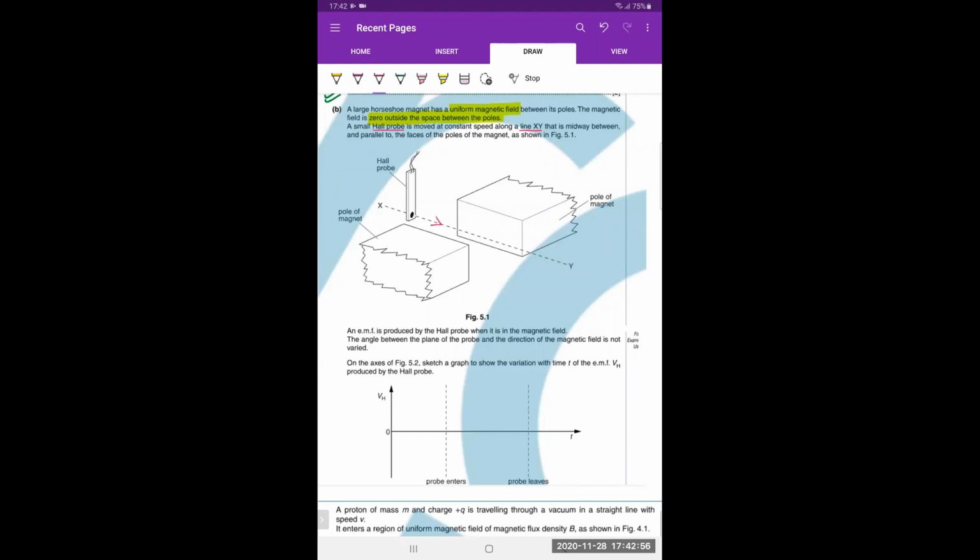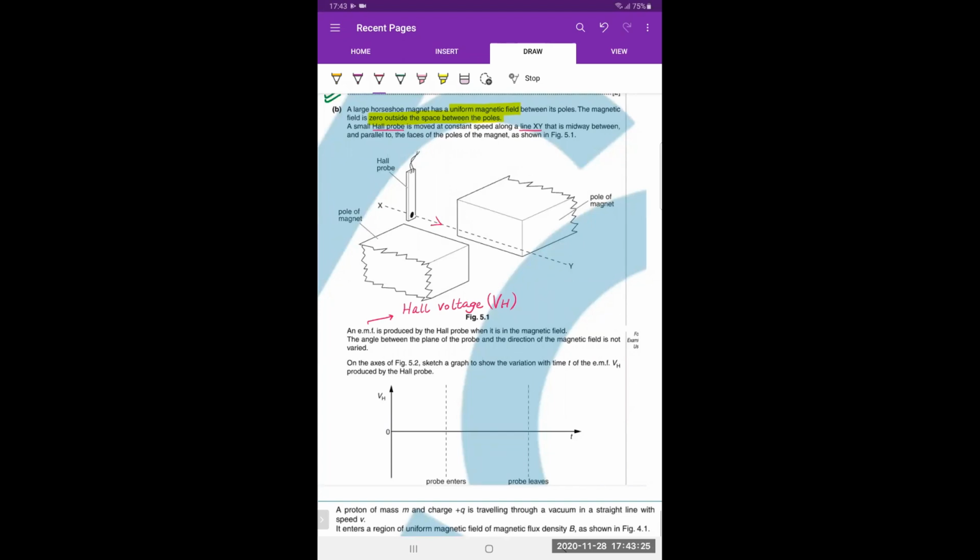An EMF is produced by the Hall probe when it is in the magnetic field. EMF refers to what we did in the notes, the Hall voltage, which was denoted by the symbol VH. The question is saying that Hall voltage is getting produced when the Hall probe moves in between the magnetic field.